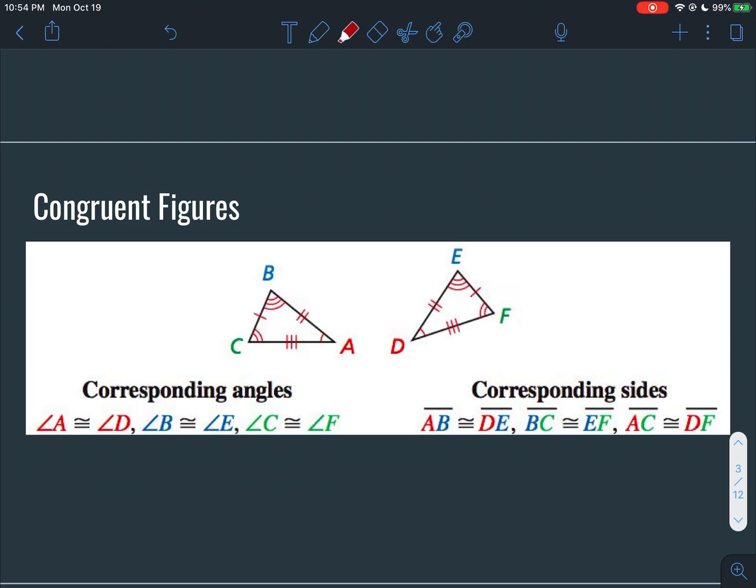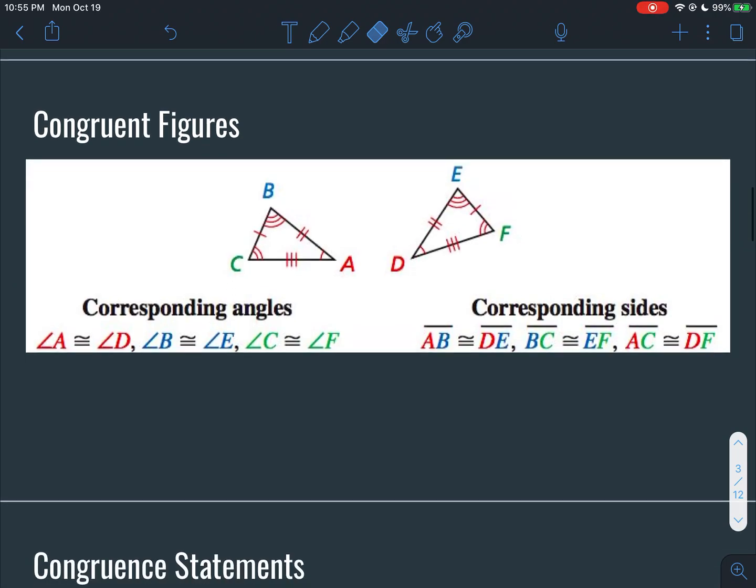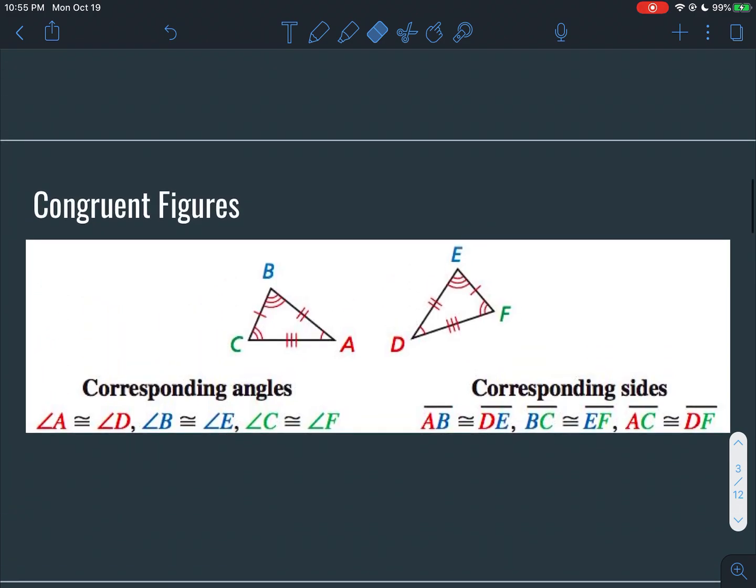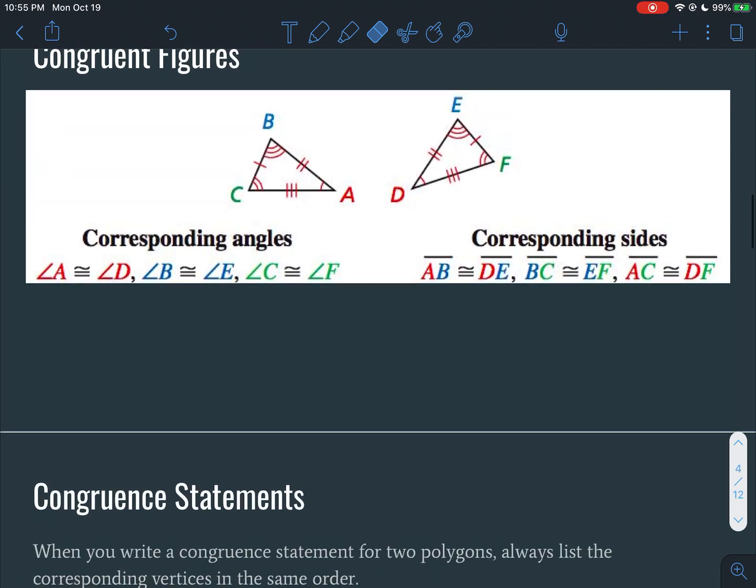And the same thing goes for the side lengths too, since AB would be on top of DE, then the length of AB is the same as the length of DE. Corresponding parts of congruent figures are congruent.